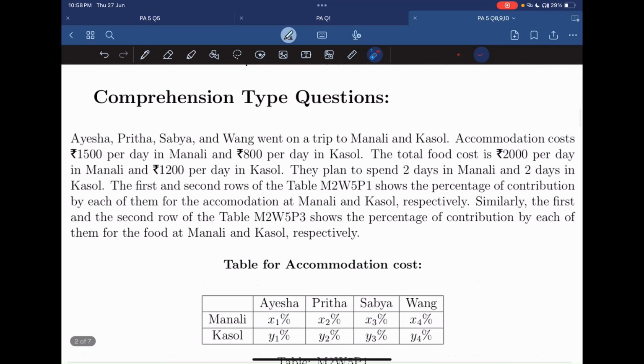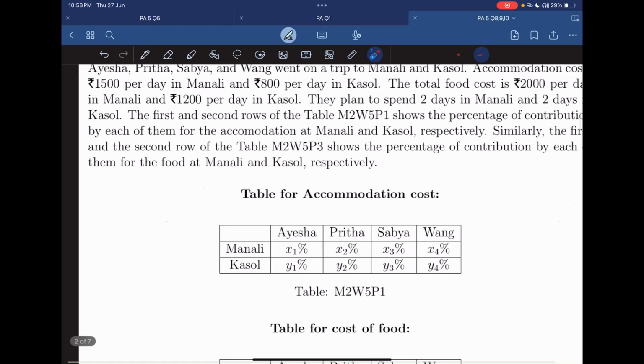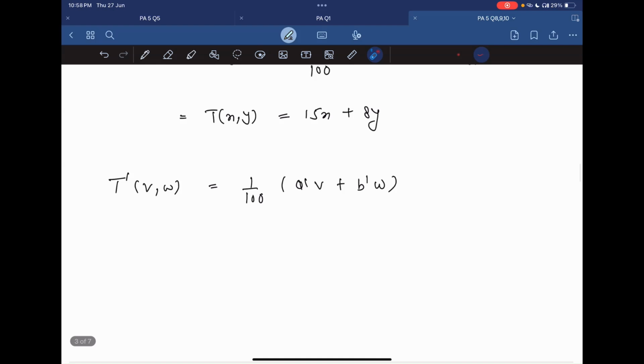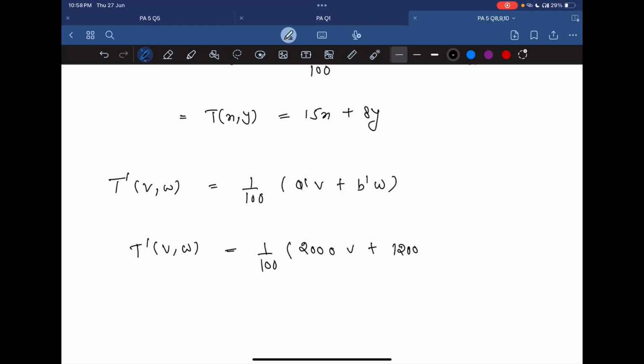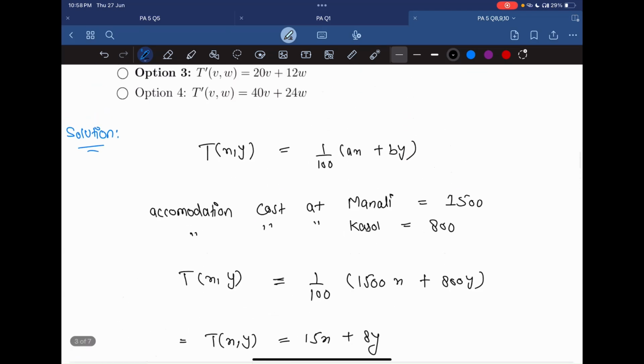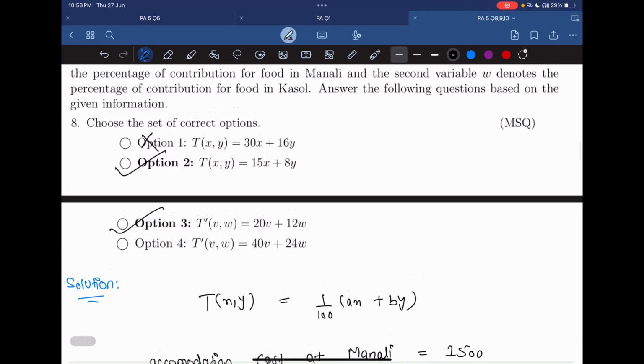So cost for food at Manali is 2000 and in Kasol it is 1200. So T dash of VW would be 1 by 100 times 2000 V plus 1200 W, and if you simplify it you'll get 20V plus 12W, and that is option 3, and option 4 is wrong.